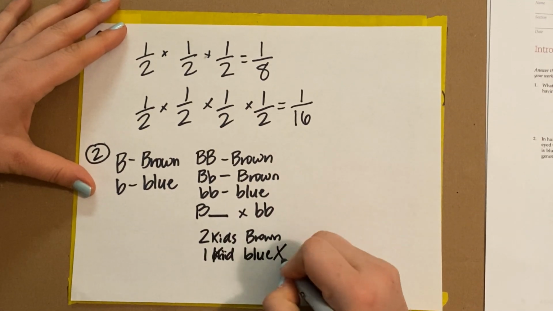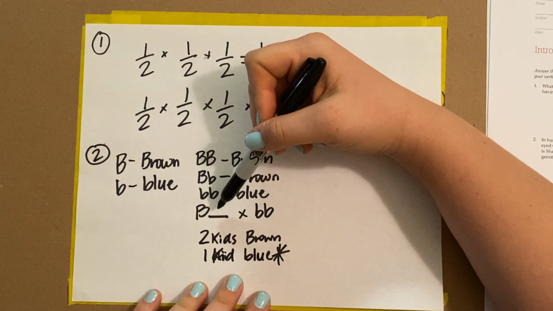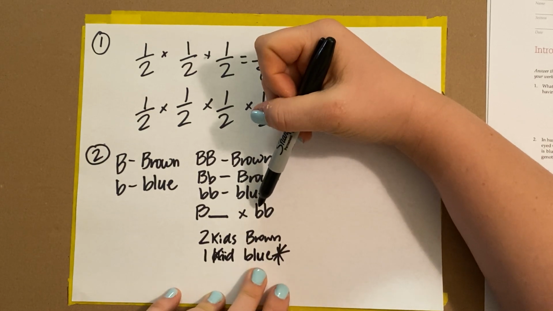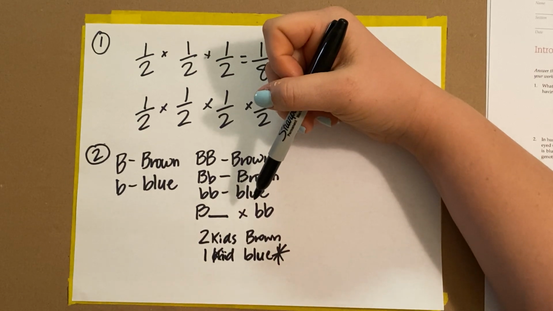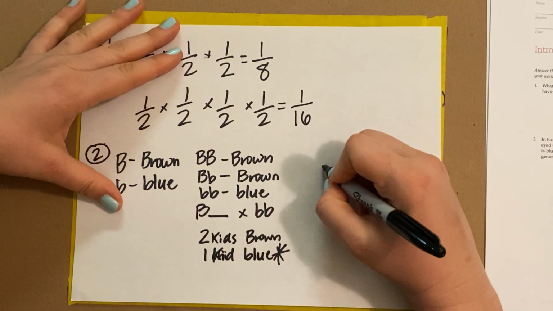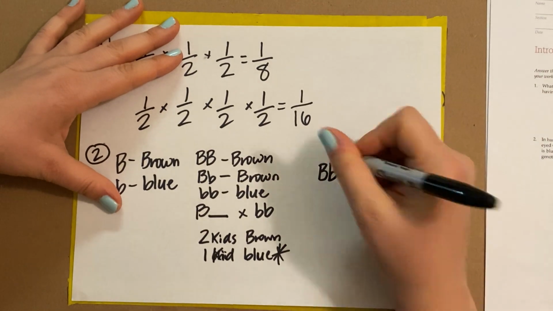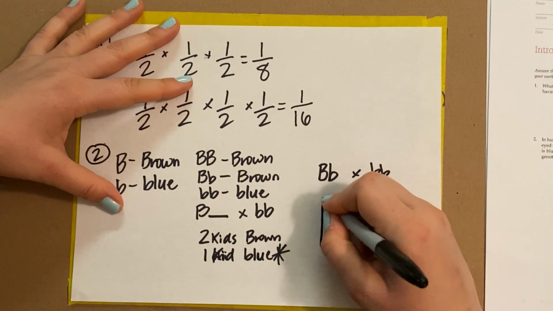So this child right here tells you what the genotype of the man is. In order to get a blue-eyed child, you have to get a little b from both of the parents, okay? And so the genotype of the father is going to be big B, little b. The mom will be little b, because we know that she's blue-eyed.